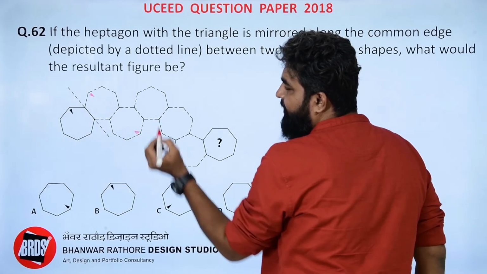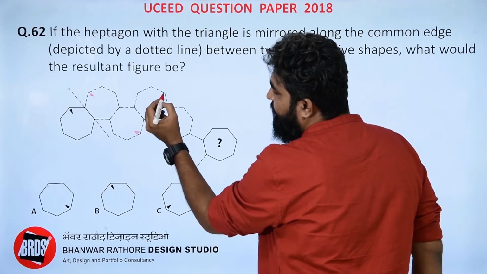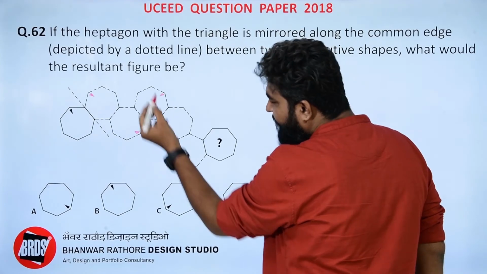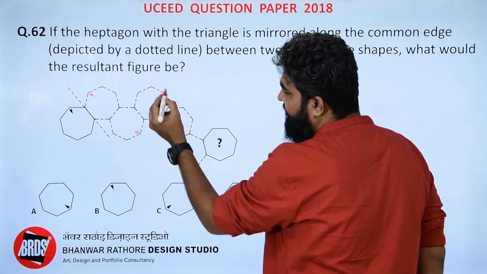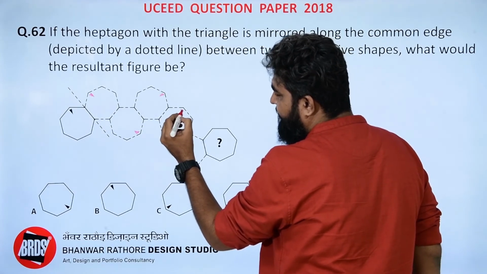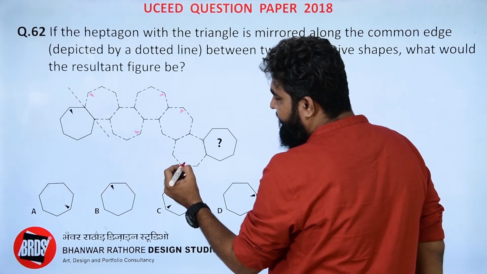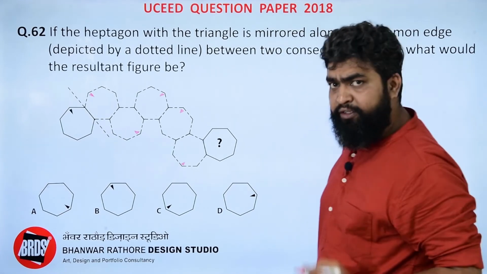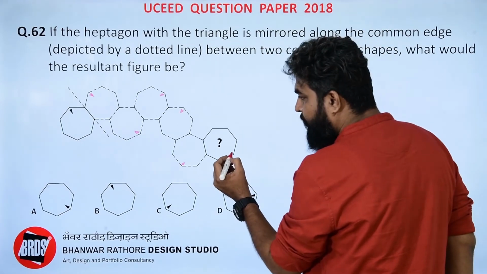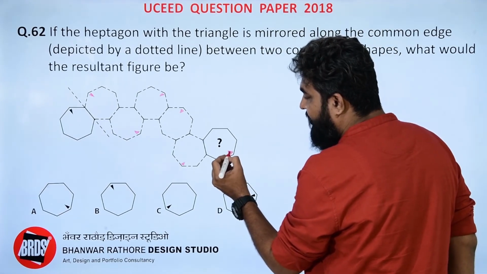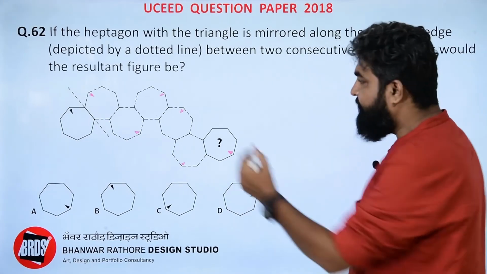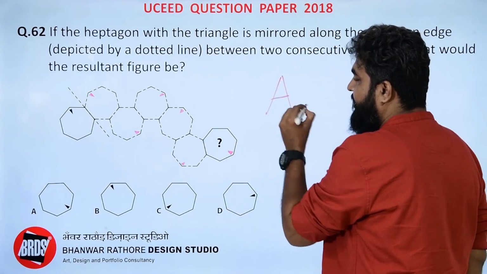Based on that, again the mirroring will go on this side. Then again, the mirroring will come on this side. Based on that, another mirroring will come on this side, and so the final mirroring would be exactly on this edge. So the correct answer for this question will be A.